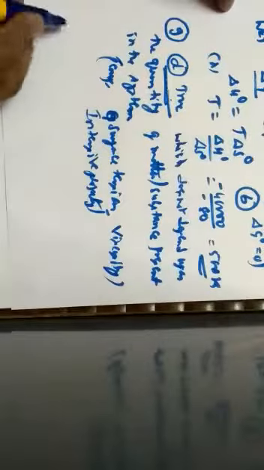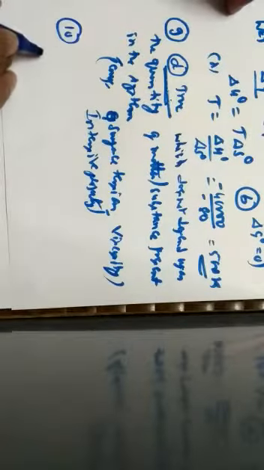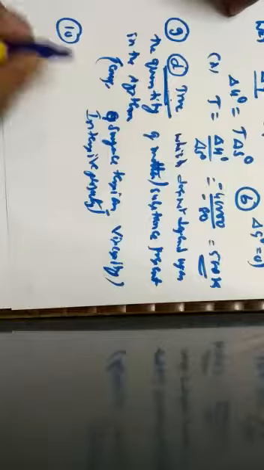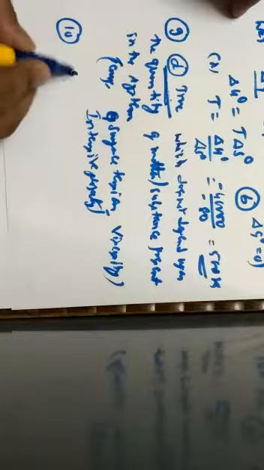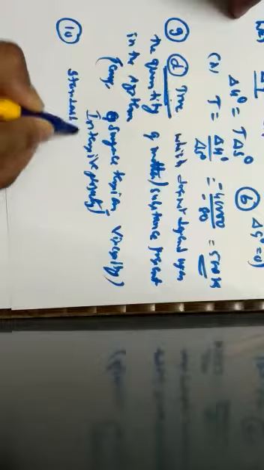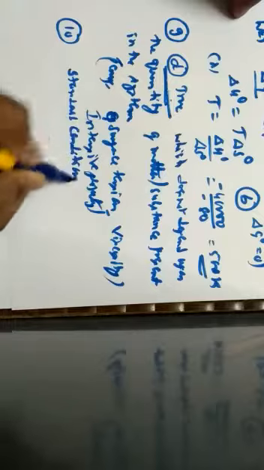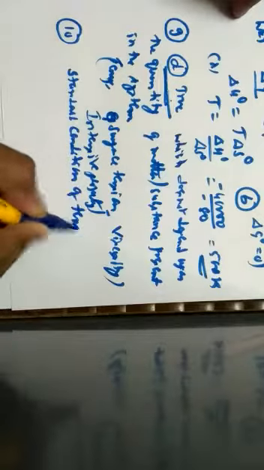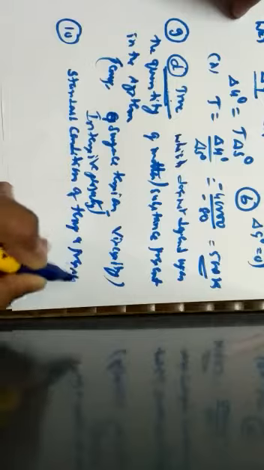Next one, question number 10. When it comes to question number 10, thermodynamic standard conditions of temperature and pressure is, so they are asking for thermodynamic standard conditions. Standard conditions of what? Temperature as well as pressure.